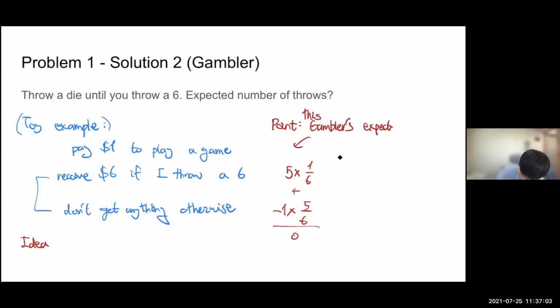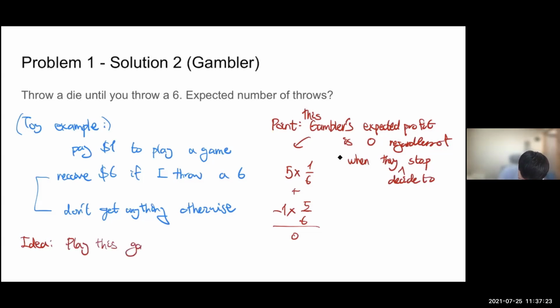Expected profit is 0 regardless of when they decide to stop. So the idea is to play this game until they throw a 6.